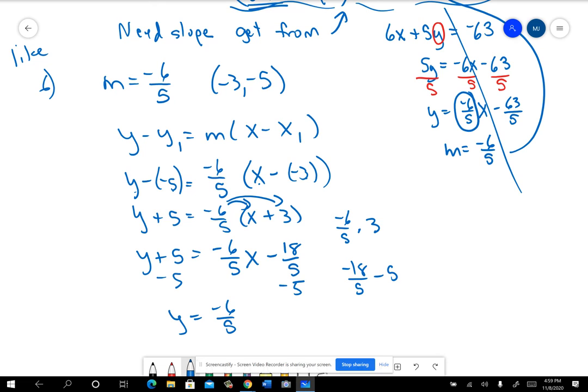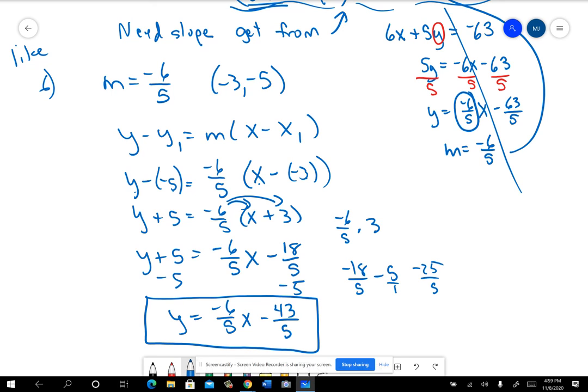Okay, when you do that, let me think, I have to do it by hand here, so that would be 25/5. So -18/5 minus 25/5, that would be minus 43/5. So don't forget the x, and then that would be minus 43/5. And they wanted it in slope-intercept form, so you'll be done at that point, okay?